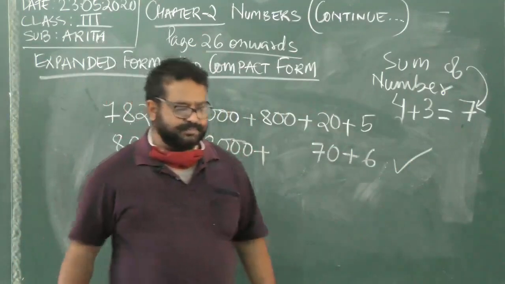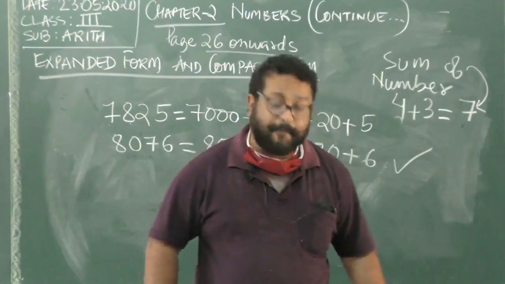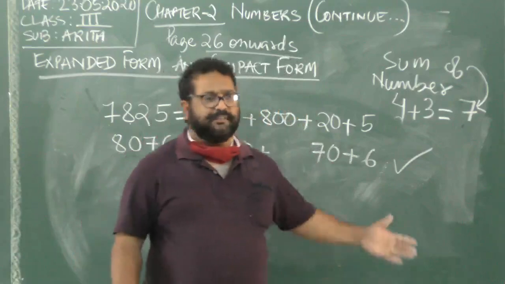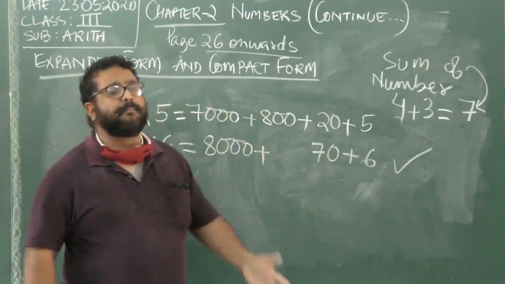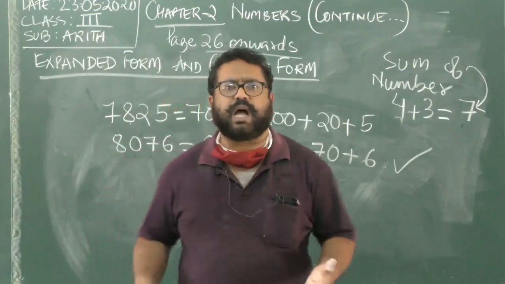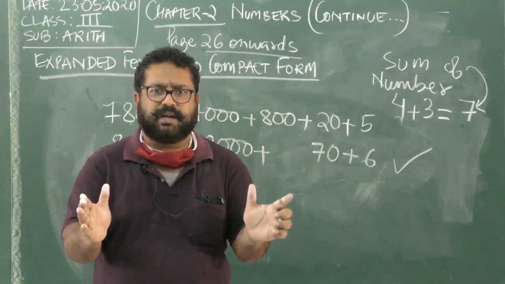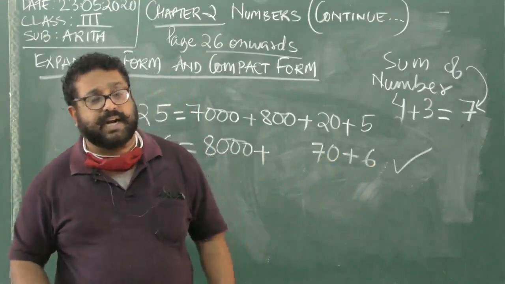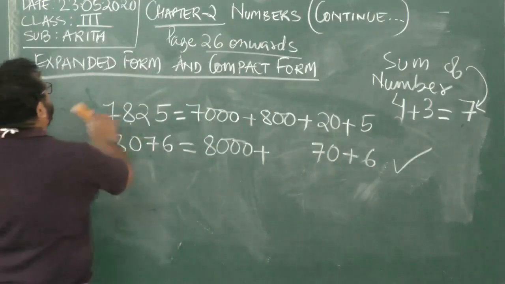Do you understand? Then moving on to example 2, write the compact form. Now here we are doing the opposite of what we have learned, expanded form. Now we are doing compact form. So what are you expecting? That we are getting an expanded form of a number, and we have to bring it to its compact or standard form.